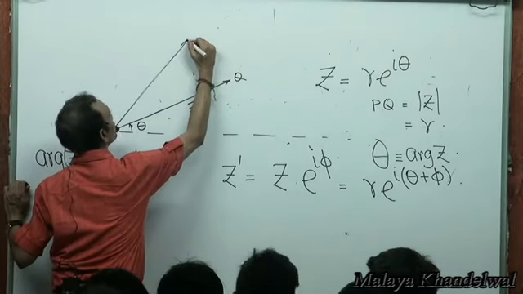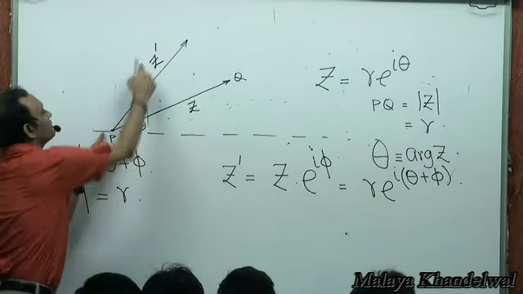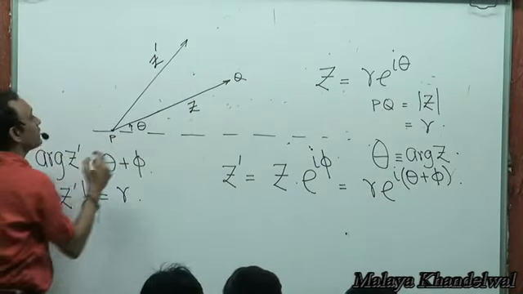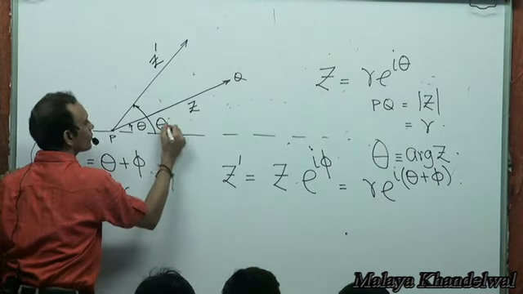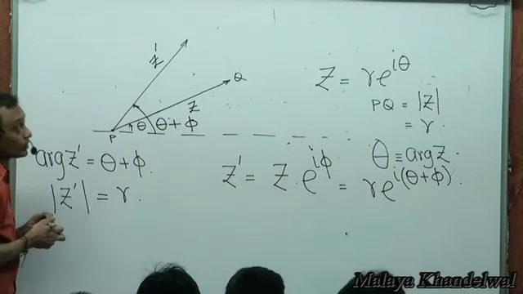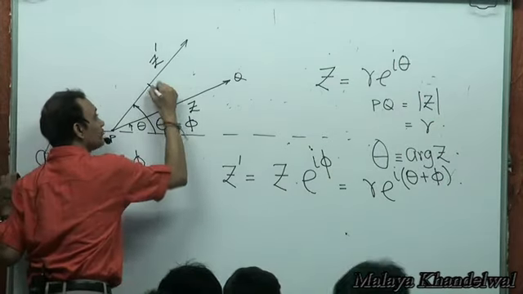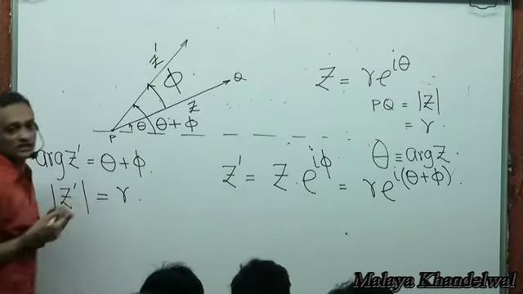Now z prime would be a vector like this, having the same modulus as z, and its argument is going to be theta plus phi. This is the argument of z prime, and this angle therefore is phi.